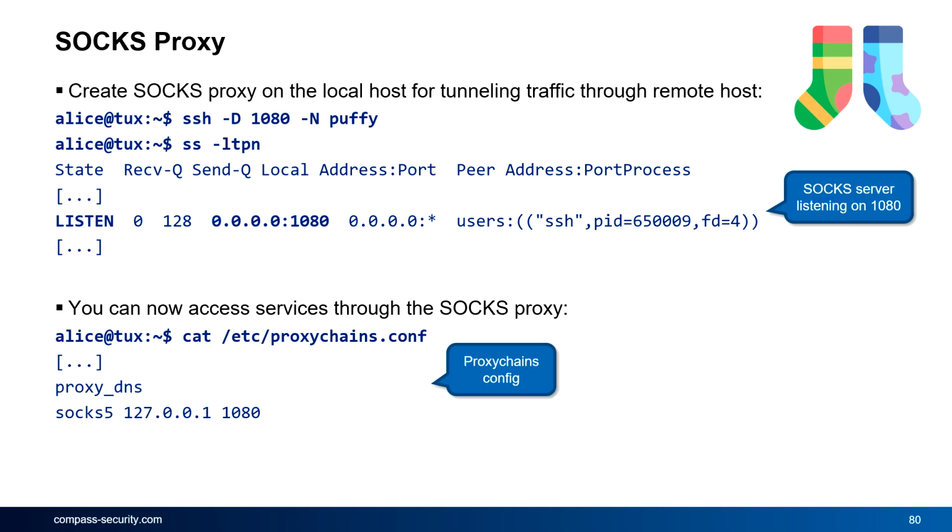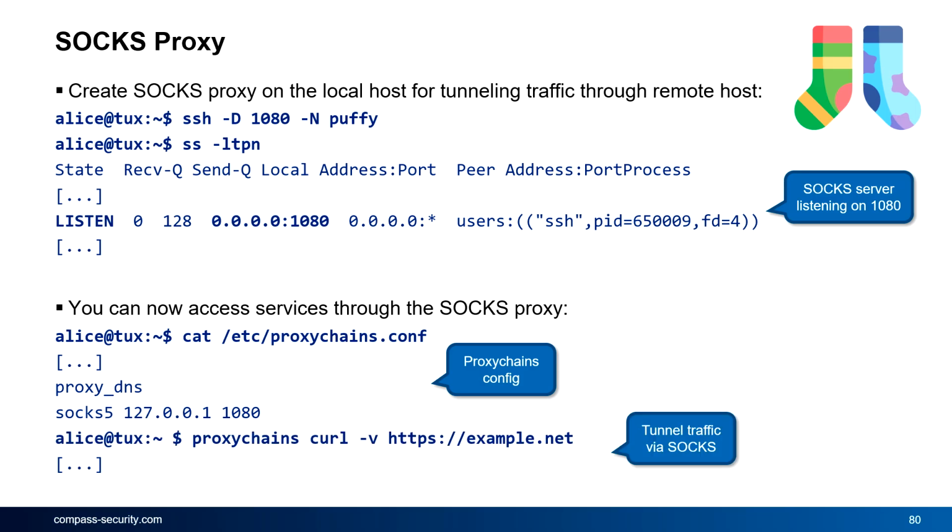And now you can use any software that supports SOCKS proxying. There's, for example, the software proxychains that can be used as a wrapper for other software to start other software via this SOCKS proxy. So in the proxychains configuration, you can specify that also DNS requests should be proxied and that there's a SOCKS proxy running on the local system on port 1080.